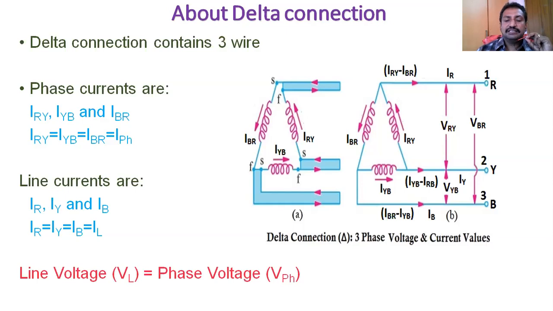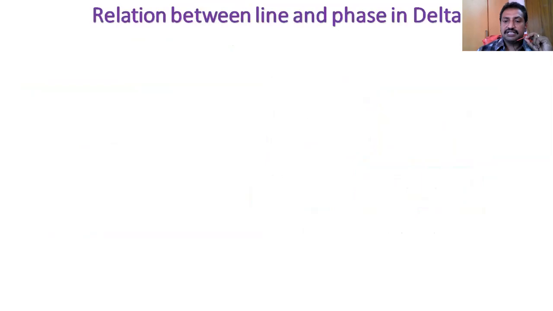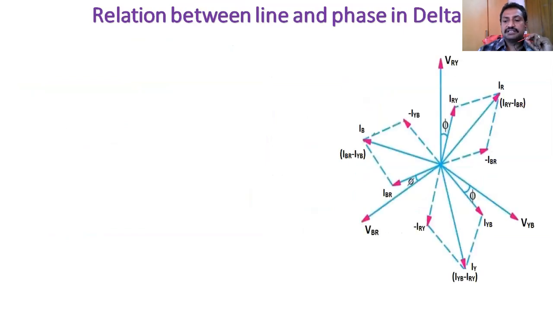Already I told you, line voltage is equal to phase voltage in delta. Now we want the relation between line current and phase current. We need the phasor representation. See here, this is the VRY phasor, because VRY or VRN are both the same in case of delta.